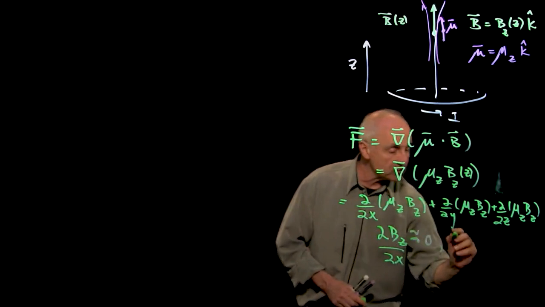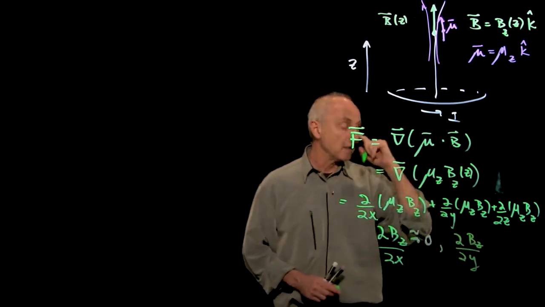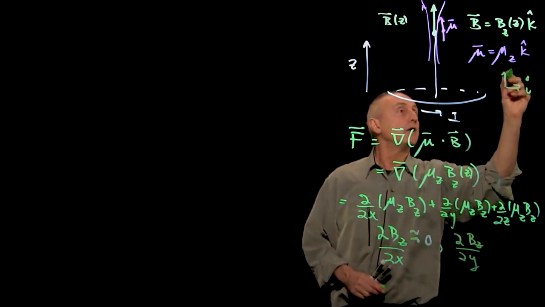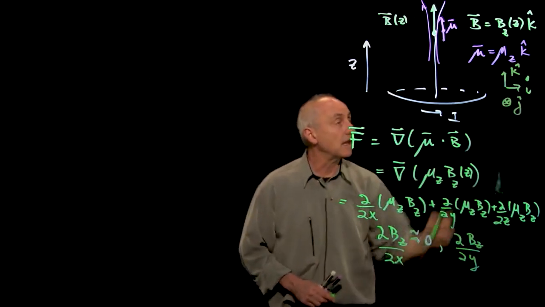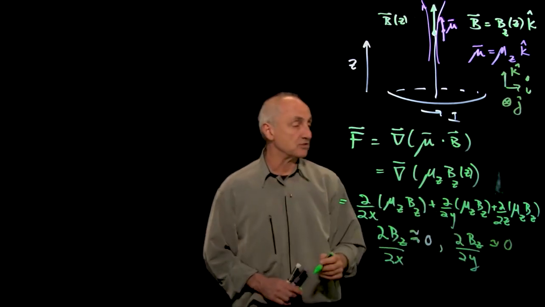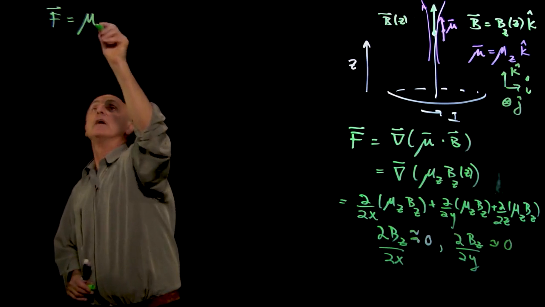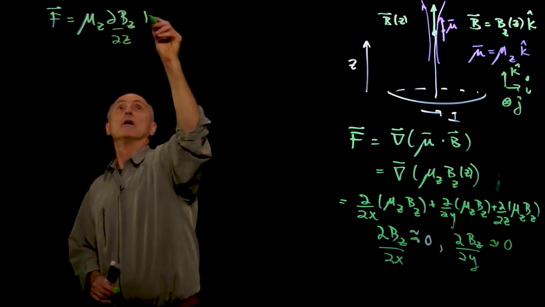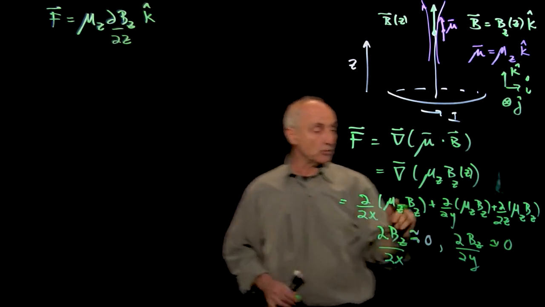In the same way, we're assuming that in the y direction, with i hat, j hat, and k hat into the board, that derivative is also essentially 0. So the only non-zero derivative we have is on the z component of the magnetic field, and that's our force in this particular direction.